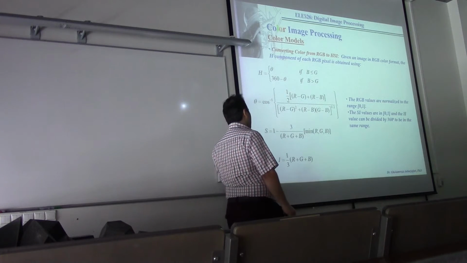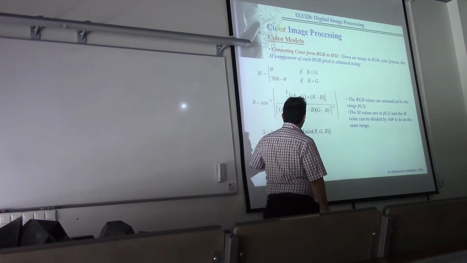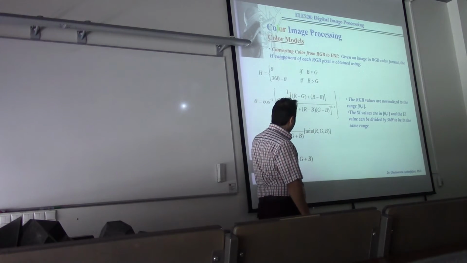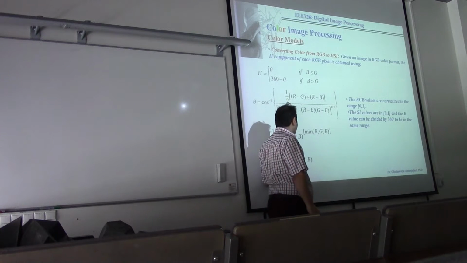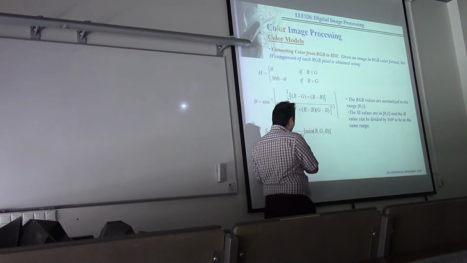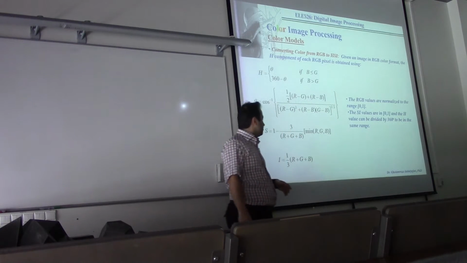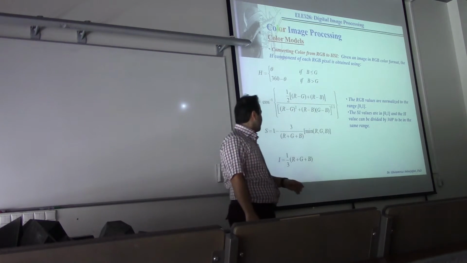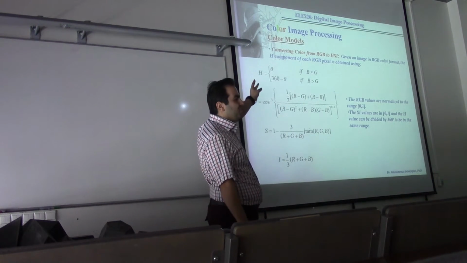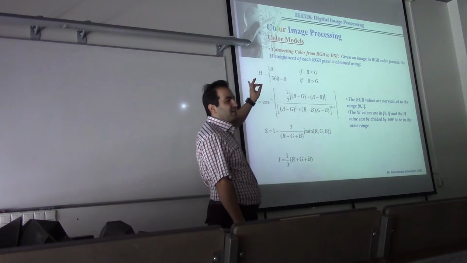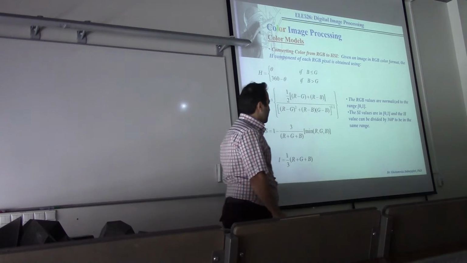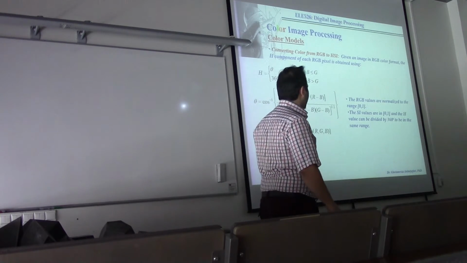And for intensity, or I, we can easily say that it is 1/3 multiplied by the combination of the red, green, and blue values. We have to add all these values and divide by 3. We can easily find the hue value, saturation value, and I value from the RGB values for a certain pixel.